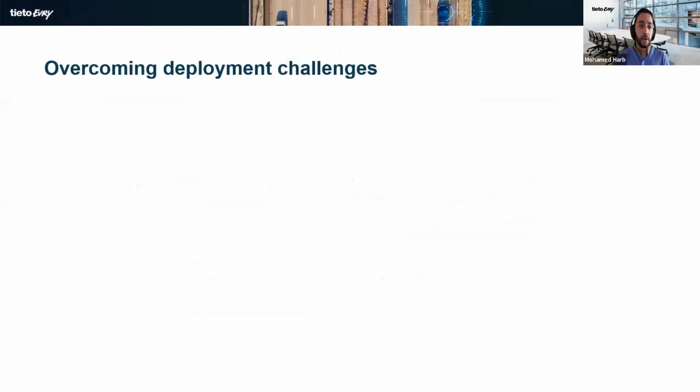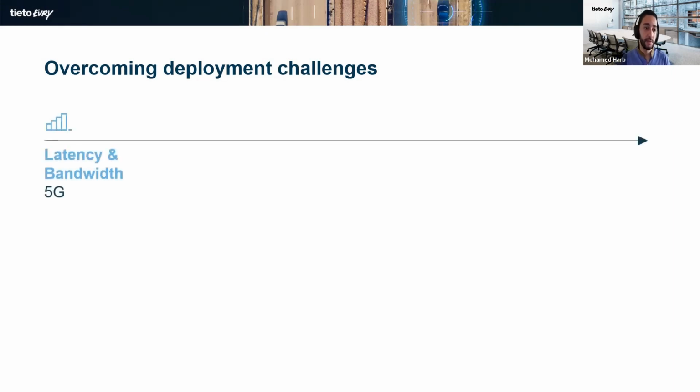However, this is also not coming without challenges. Of course, there are a lot of challenges that come with that, because we are looking into sharing information over the network. One of the challenges is latency and bandwidth, because we are talking about sharing information over the network, like an environment model, from the infrastructure to the vehicle.